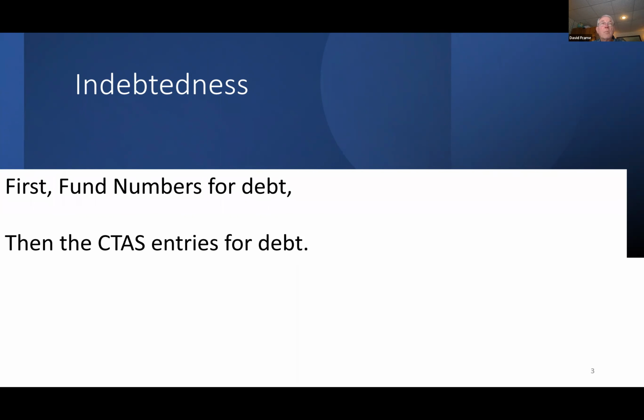So if you're going to borrow money, you need to have a conversation with your township attorney. You'll have a conversation about what you want to borrow it for, and whether you're going to go with bonds or loans or things like that. They'll be able to help you through the intricacies of getting it done properly.